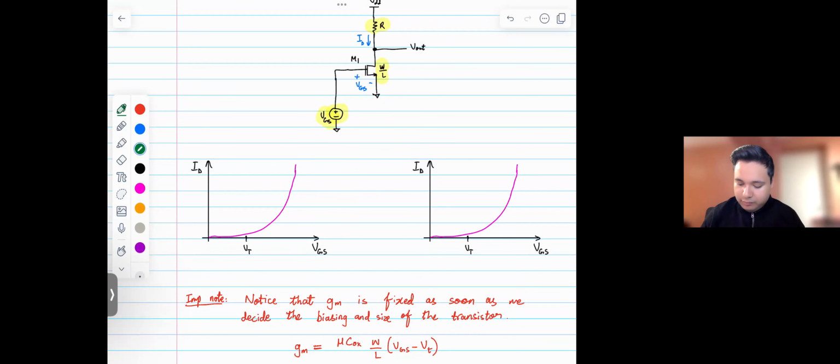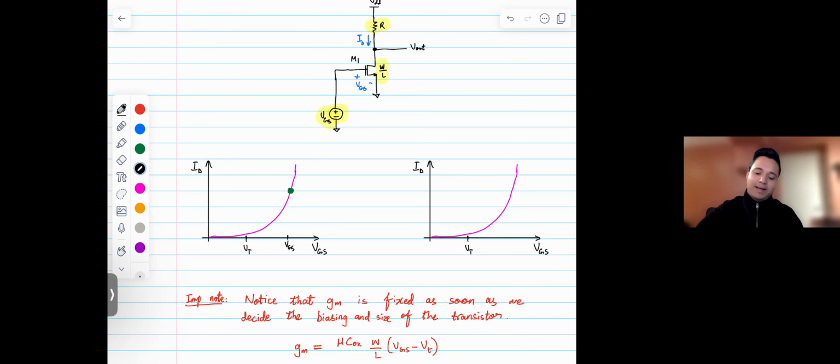So let's say for the purposes of this example, by setting the size of the transistor, the resistor, and the VGS, we have chosen this operating point in green. So that's our VGS.